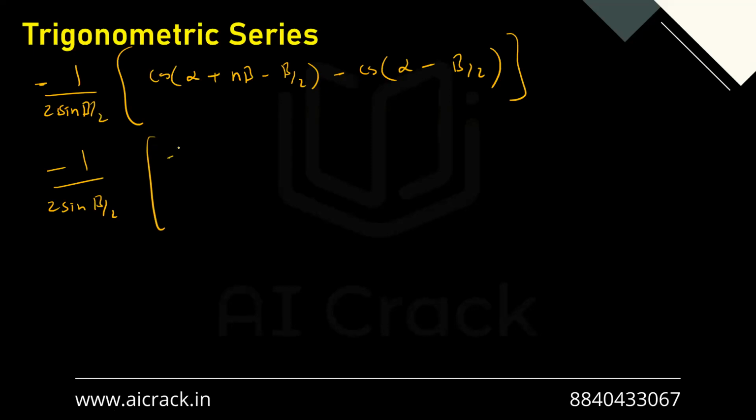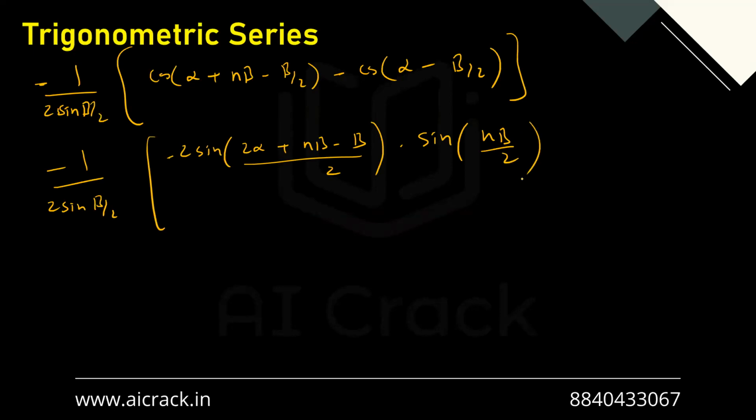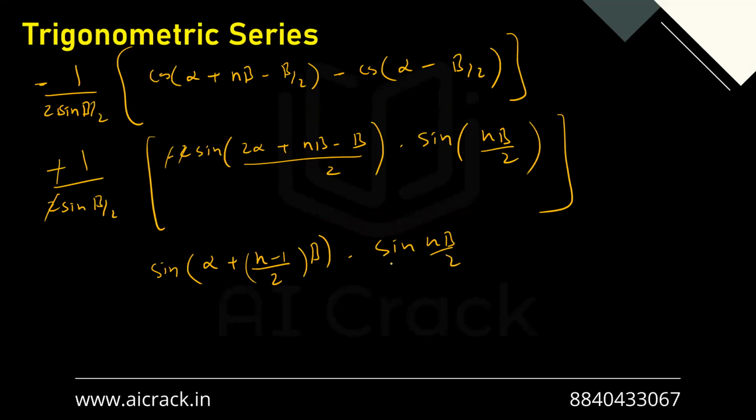So the first term would become minus 2 sine of this plus this by 2, so we have 2 alpha plus n beta minus beta by 2, and dot sine of this minus this by 2. So alpha gets cancelled out, we have n beta by 2, right? The minus minus gets cancelled out, the 2 gets cancelled out, and this becomes sine of alpha plus n minus 1 by 2 beta multiplied by sine of n beta by 2 divided by sine of beta by 2.